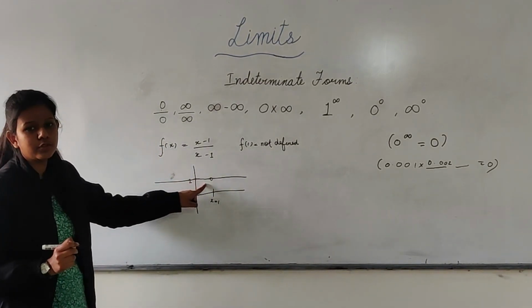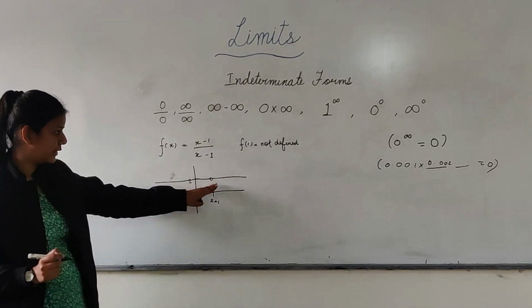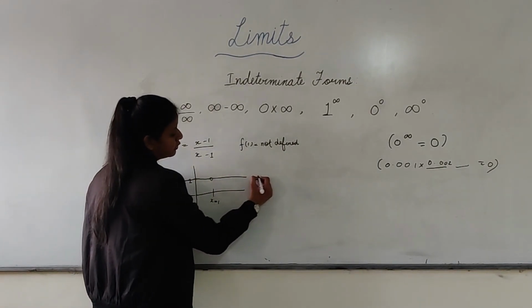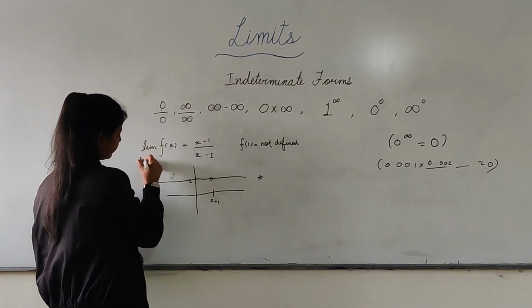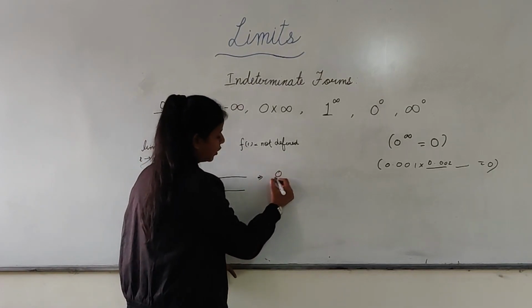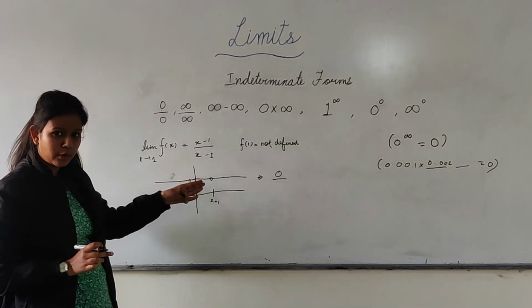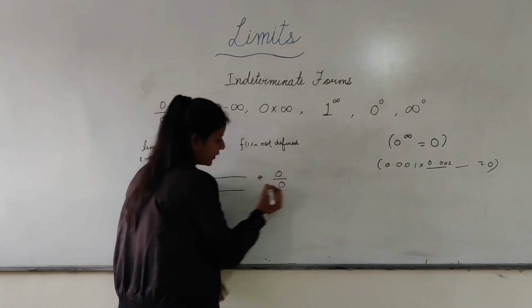At x equals to 1, the function is not defined, so we draw the graph like this. So, when x approaches 1, we have 0 by 0 form, as x minus 1 also tends to 0 and the denominator also tends to 0. So we write here 0 by 0 form.